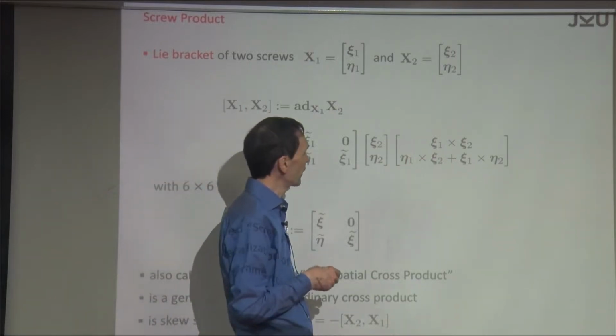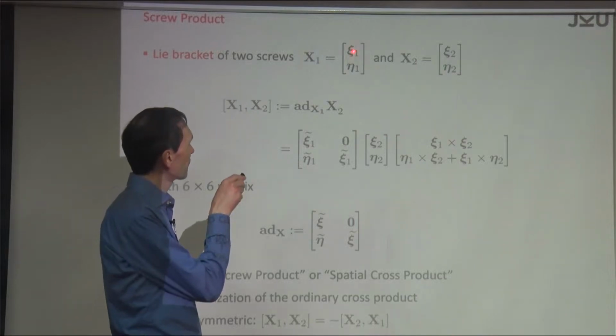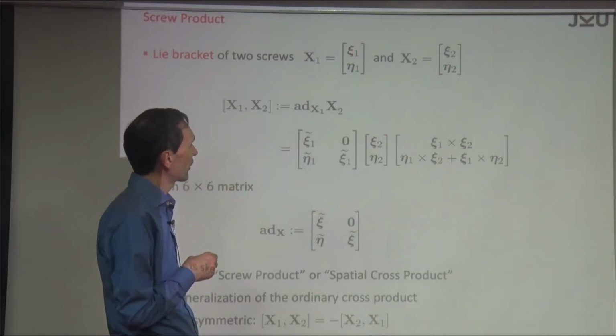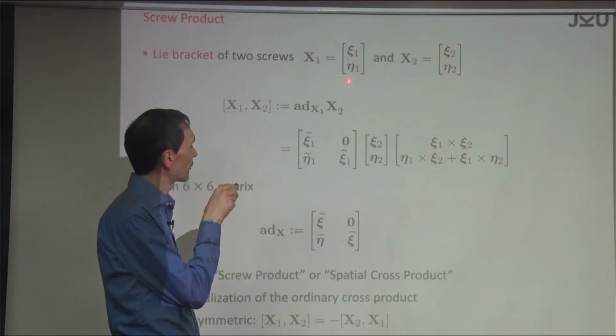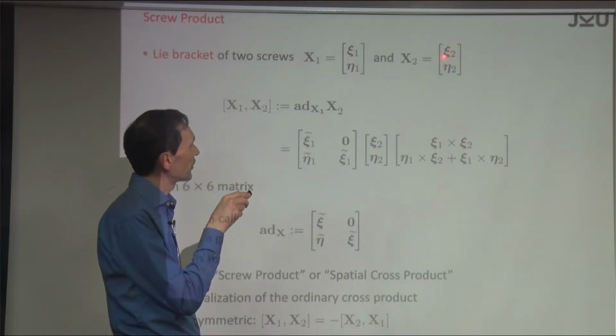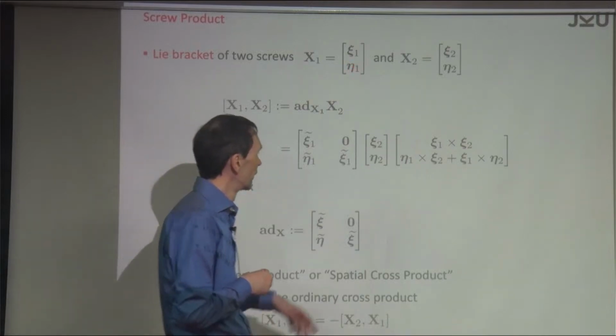If you want to remember this, it's pretty simple. The first part is the cross product of this and this, and the second part is the cross product of this and this, minus the cross product of this and this. The last one was minus C2 cross eta 1.